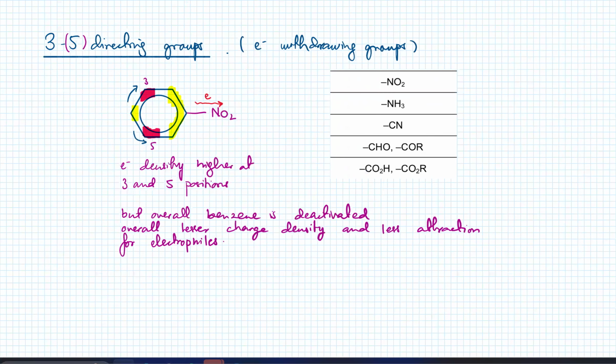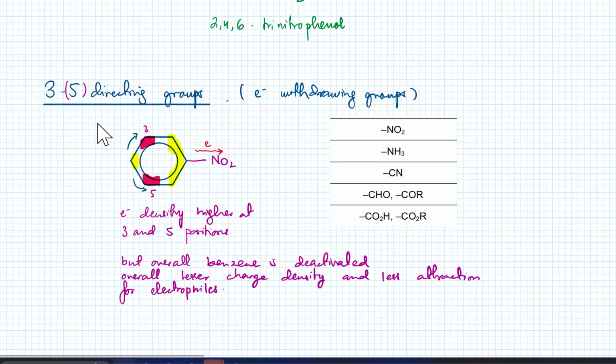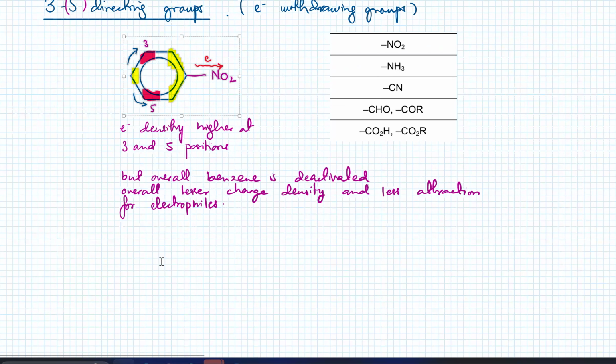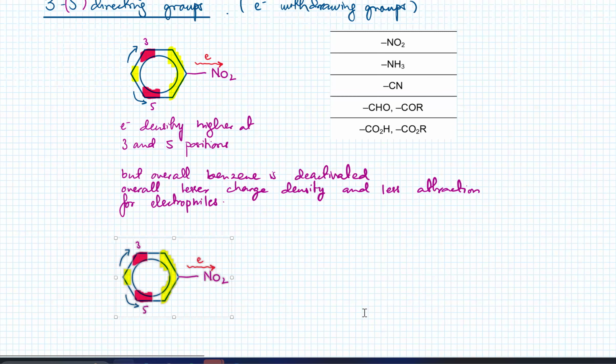So if you have a benzene, and if I brominate it, the first thing is I would need all sorts of conditions.